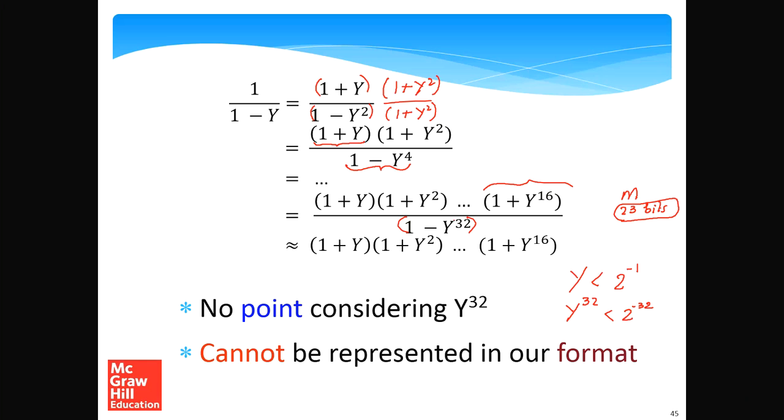If this number is less than 2 raised to the power minus 32, it is well outside 32 bits. So y to the power 32 in our system is practically 0. The reason is that it cannot be represented at all within our 23 mantissa bits. So I cannot represent a number 1 minus y to the power 32, and the reason is that 2 to the power minus 32 basically means that we have 0.